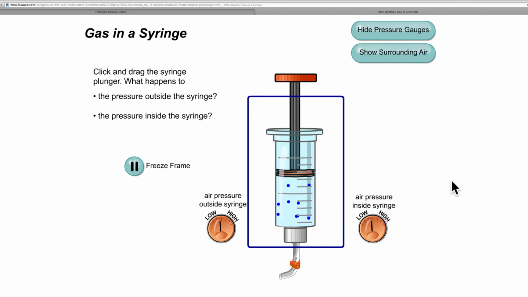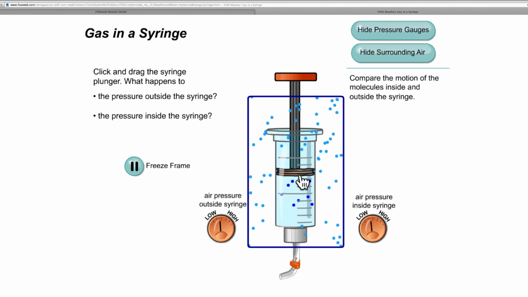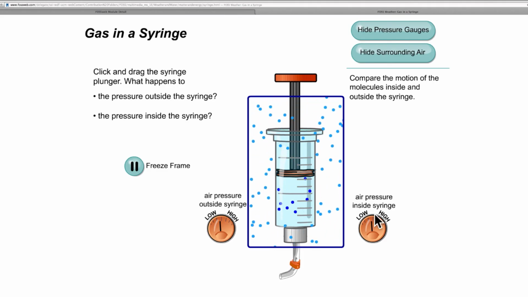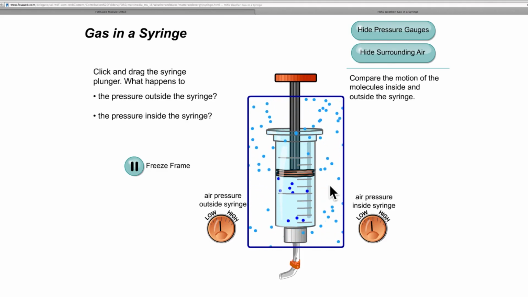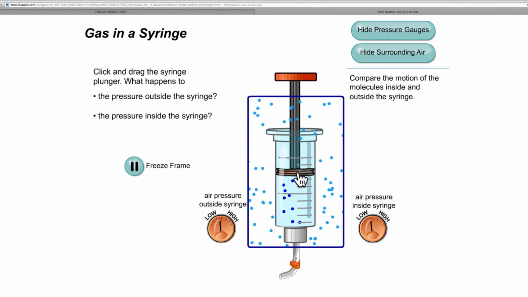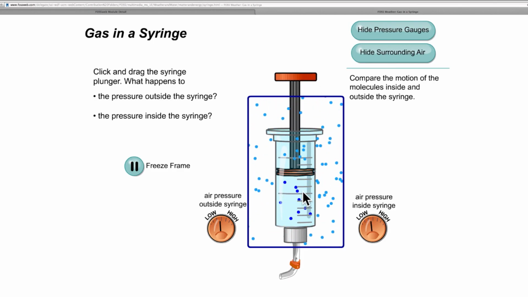So let me end with this concept right here. If we show the surrounding air, the reason why this syringe plunger is not moving in or out is because both the outside air and the inside air are pushing with equal forces. And since it's equal, as one bumps on one side of the plunger and the other bumps on the other, nothing moves. In order for this plunger to move, the force has to be greater on the outside or from the inside.